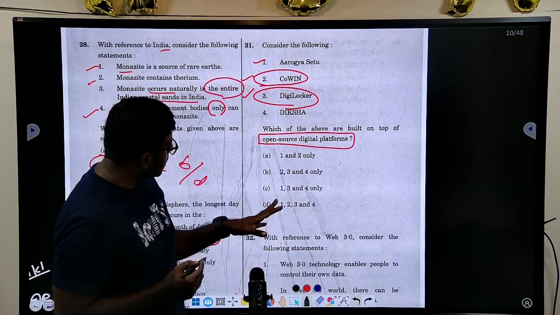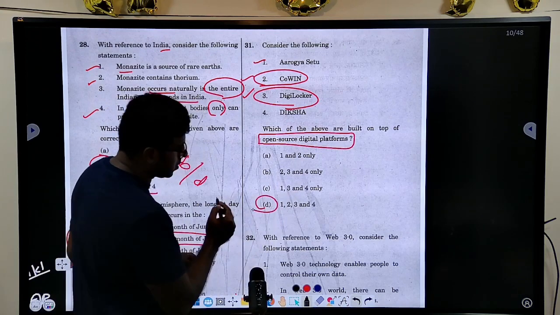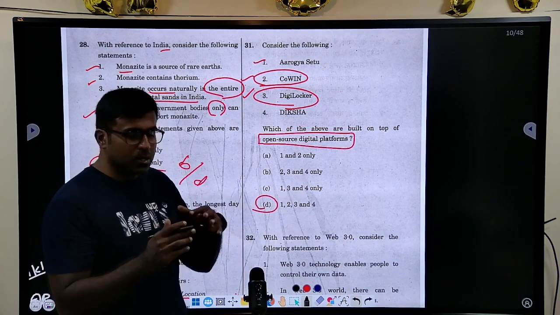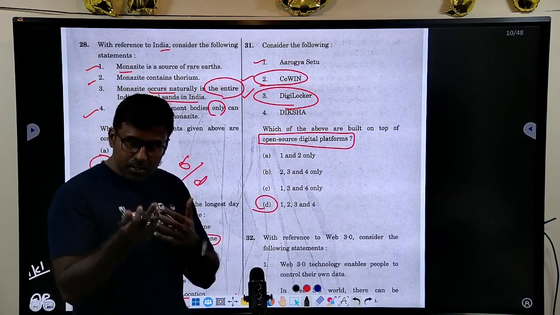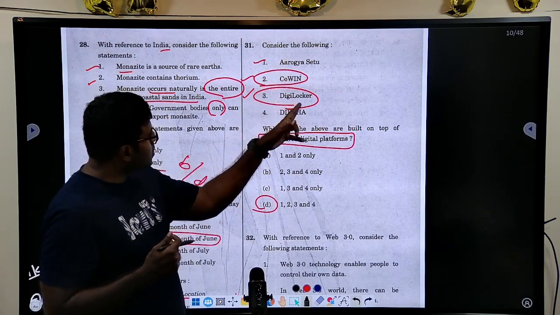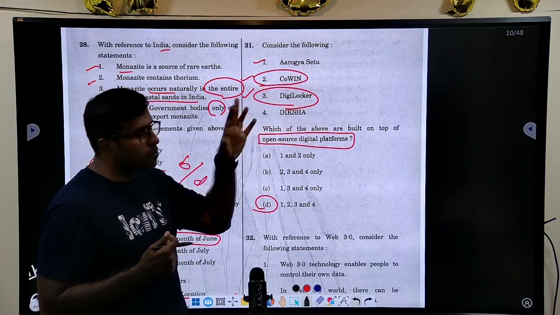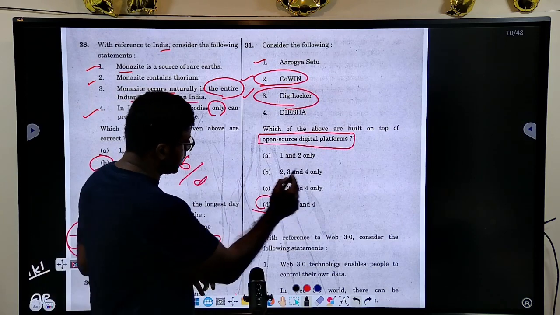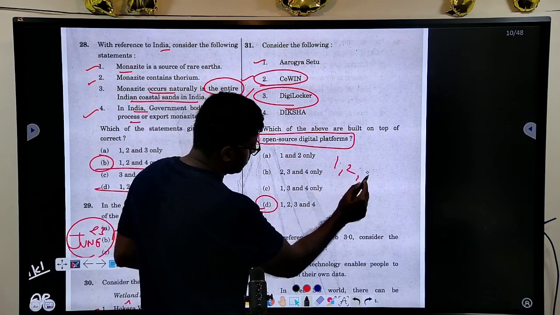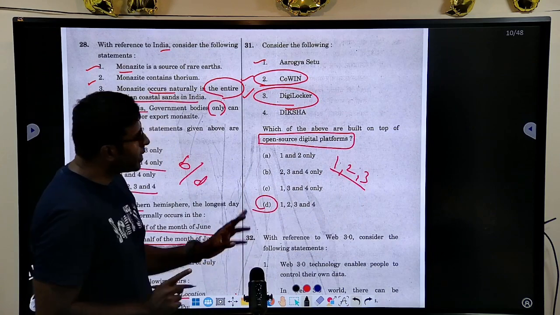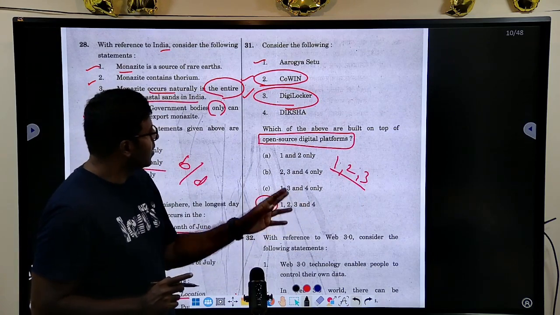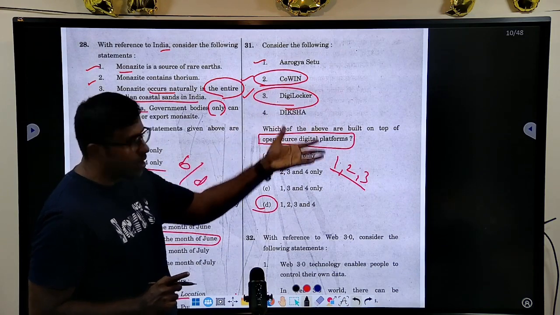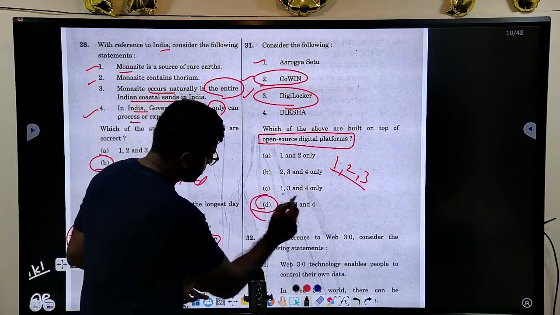But all this is open source. The logic which I applied was, if these three can be open source, they can be easily hacked. So I searched for 1, 2, 3, and it wasn't there. Then I understood that maybe all are open source.